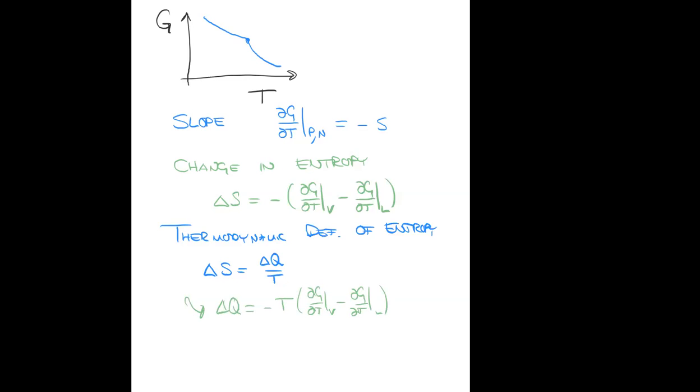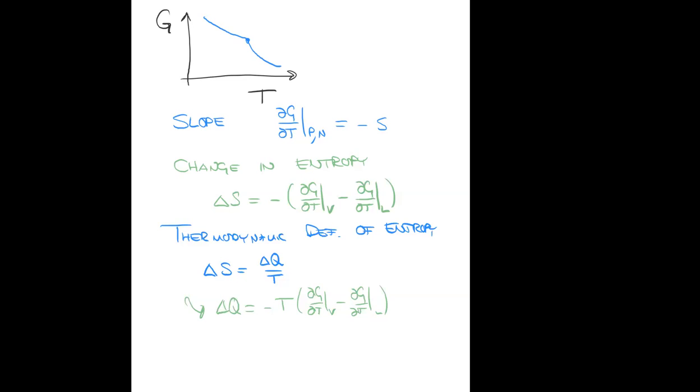That has a name. So previously we introduced something we called specific heat, which is the amount of heat required to change the temperature of the system by 1 degree Kelvin. Here we sit at a phase transition, and so the temperature is actually the same. So we sit at constant temperature, at this discontinuity in the slope, but even though the temperature does not change, the entropy does change.